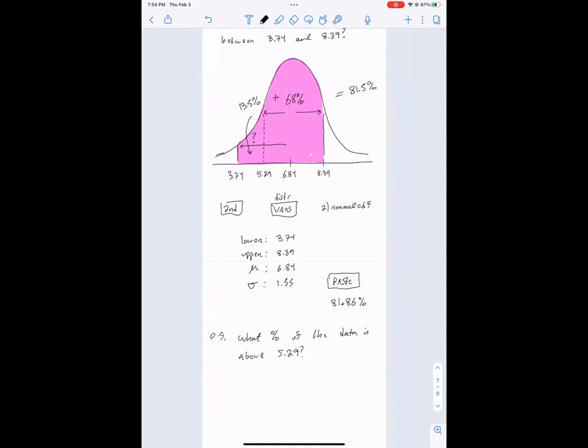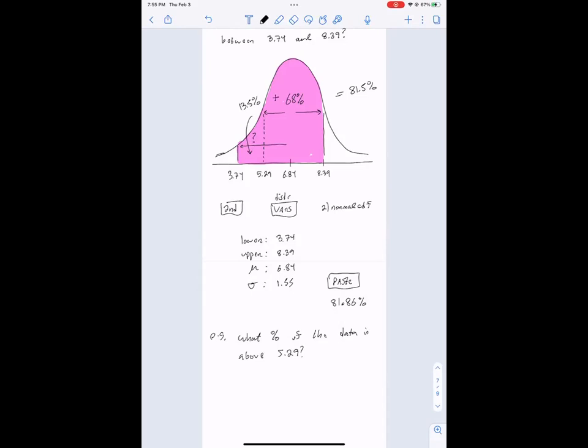I did kind of the same breakdown that we did for the previous problem. Since 5.29 is one standard deviation to the left, that's 34%, and then I kind of just added the rest of the numbers up as I went up.